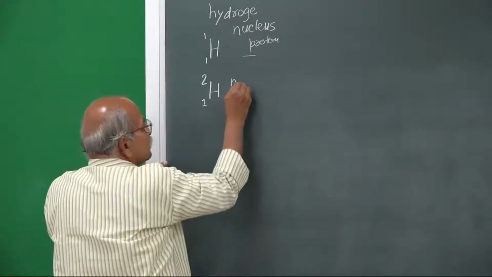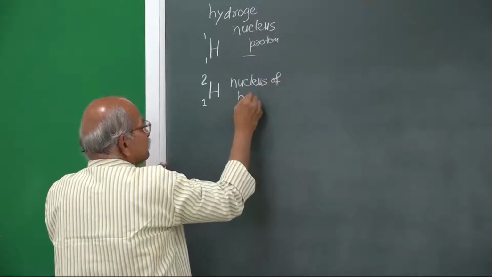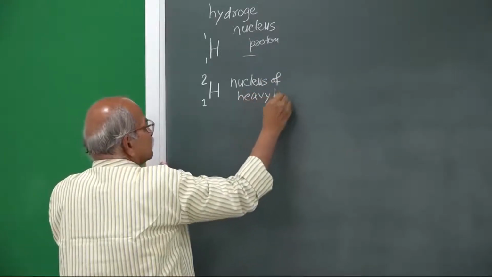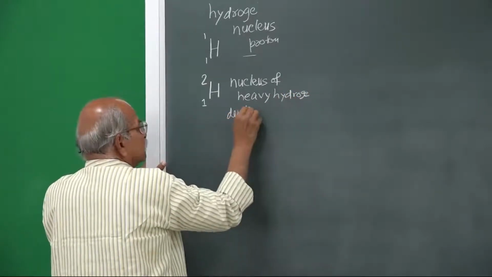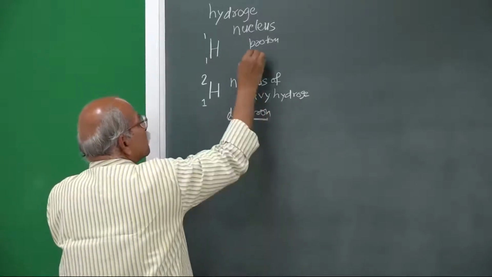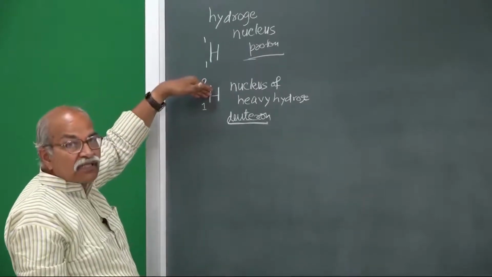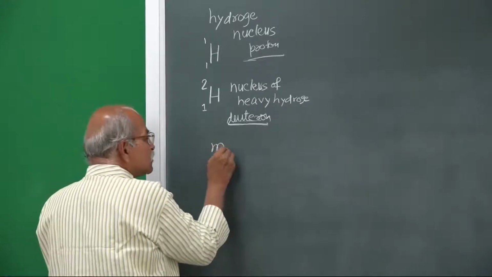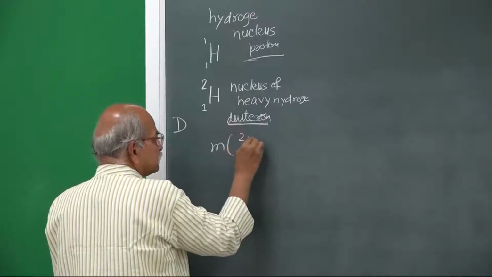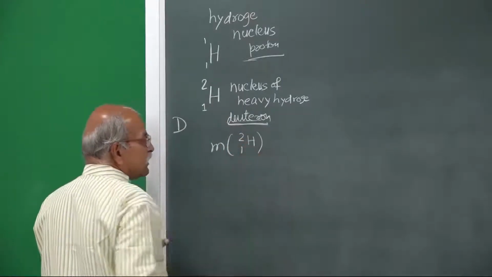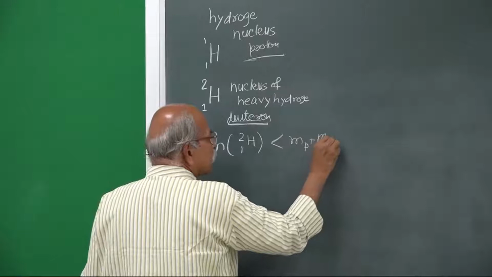It is called deuteron. So, this is proton and this is deuteron. In deuteron you have 1 proton and 1 neutron, but the mass of this deuteron nucleus, we also write it D, is less than the mass of proton plus the mass of neutron.